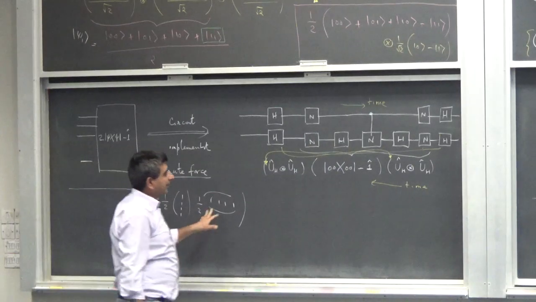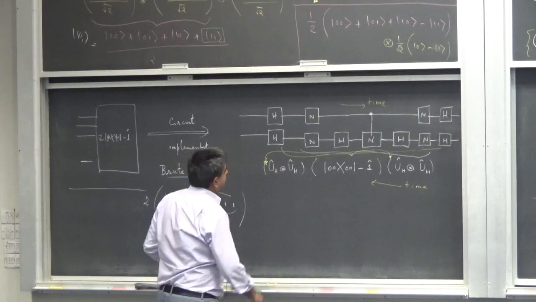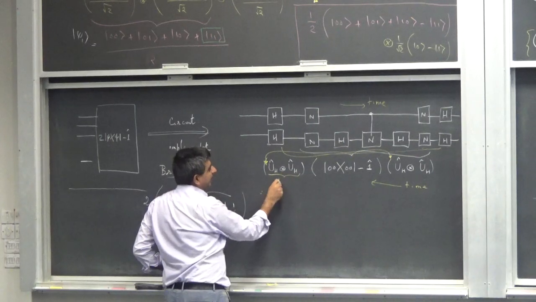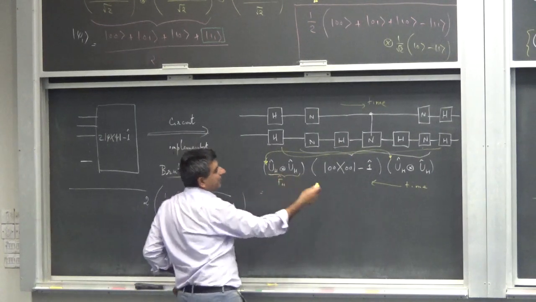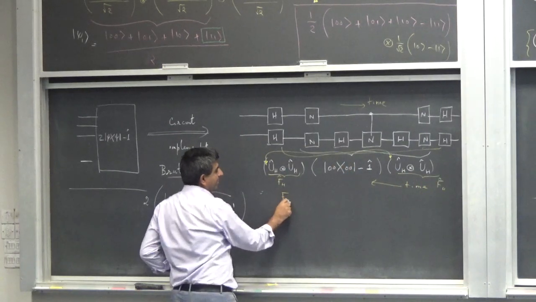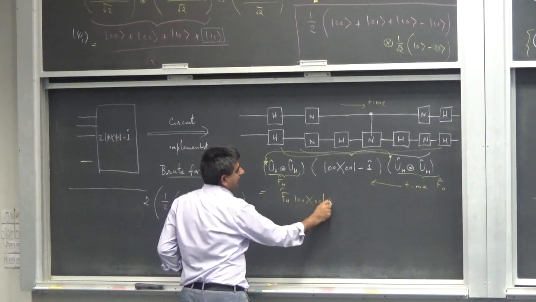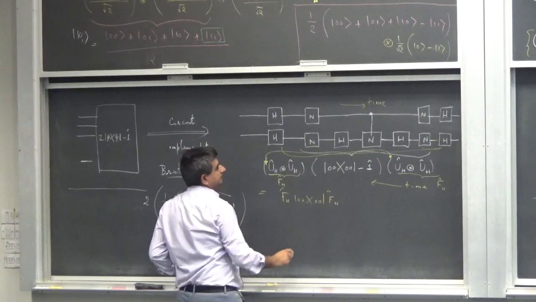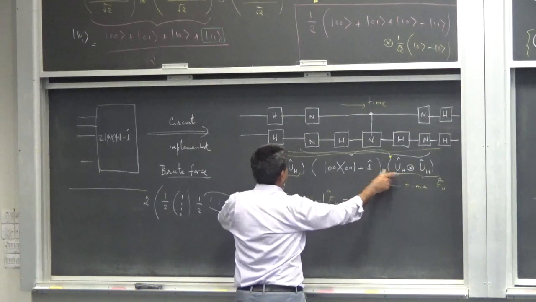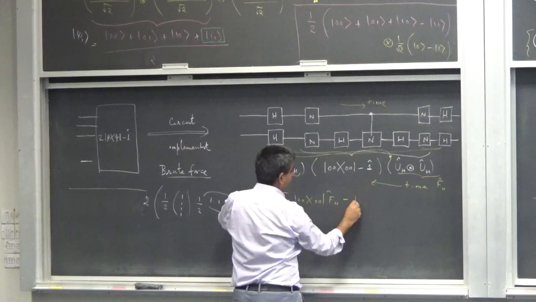Okay, so what you could do is really expand this. Let me write this as a big FH, a 4-qubit Hadamard, a full Hadamard matrix, FH. So FH minus this acts on this, acts on this.